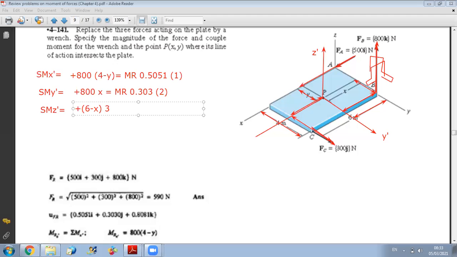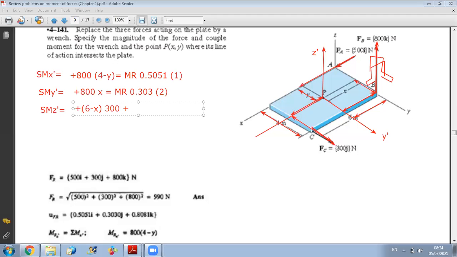300. And for FA, is FA producing a moment about z prime? Look, this is FA. Yes, because it is at a certain distance. What is the distance? It's Y. If you do the right hand rule, it's positive.